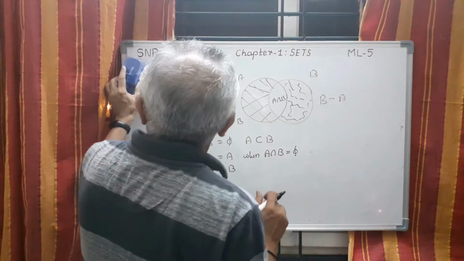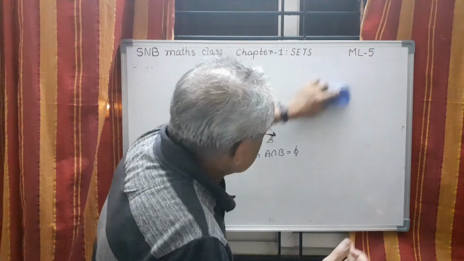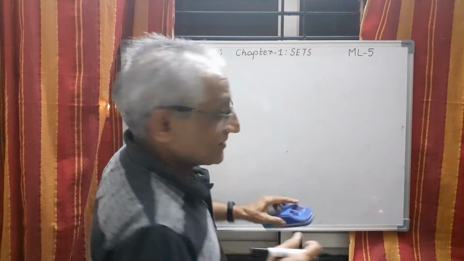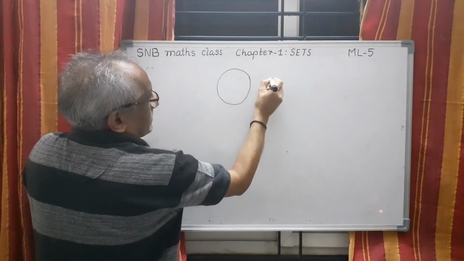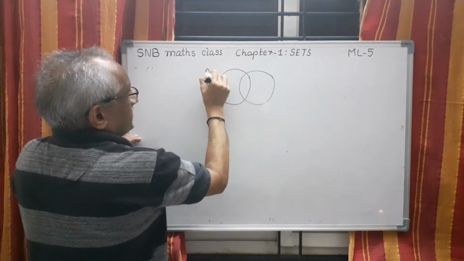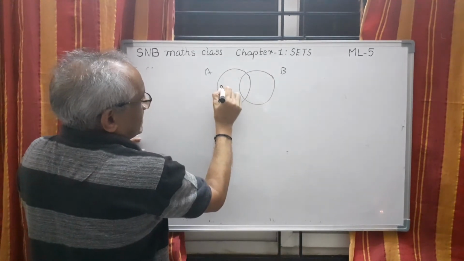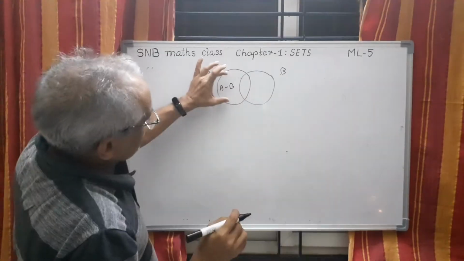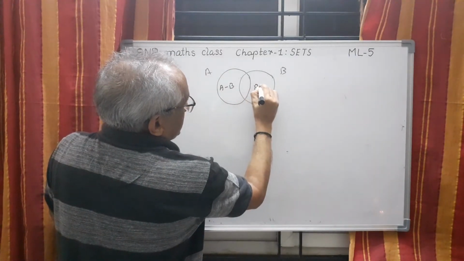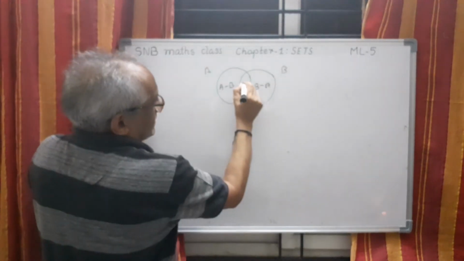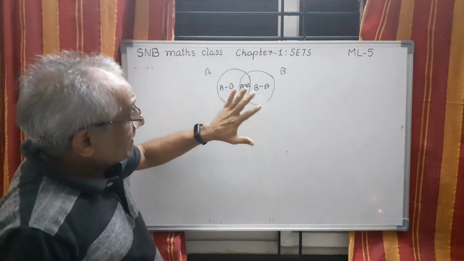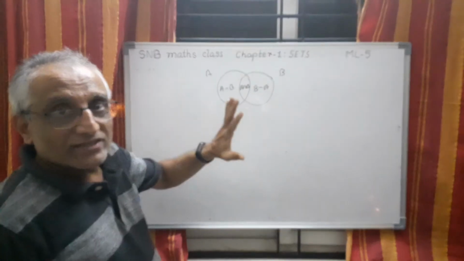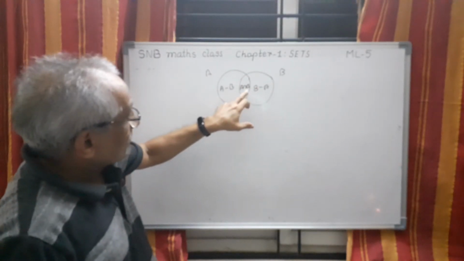One more property we are going to use in the next section, therefore let me mention that here only. Let us take the diagram first. See, two sets A and B, and you know that this is A minus B, this is B minus A, and this is A intersection B. Now, a very important result is that A minus B and these other sets are all disjoint, because whatever is here cannot be here.